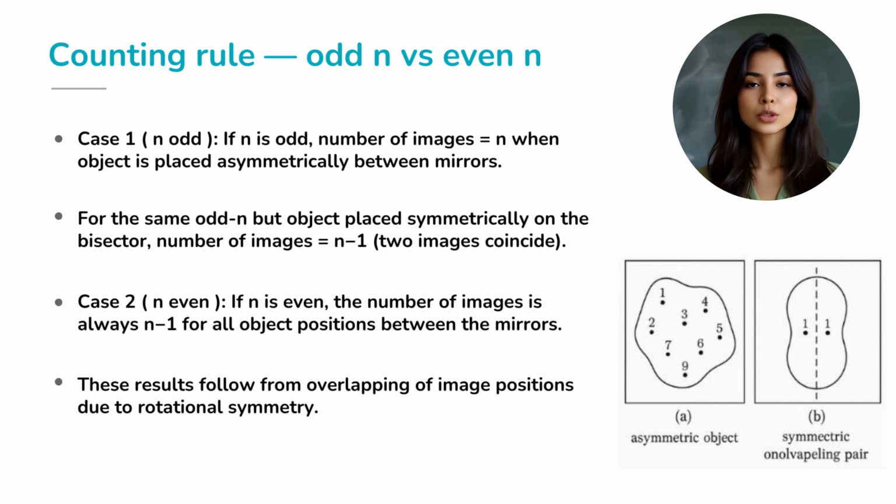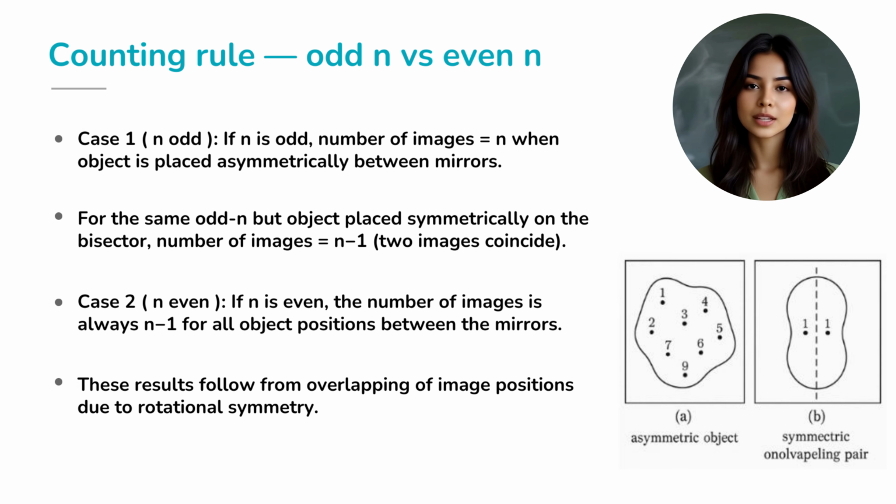Now here comes the twist. It's not always exactly n images. It depends on whether n is odd or even, and where the object is placed. Case 1. If n is odd and the object is placed asymmetrically, you'll get all n images. But if the object is placed symmetrically, that is, on the bisector, then one pair of images overlaps, so the total becomes n-1.